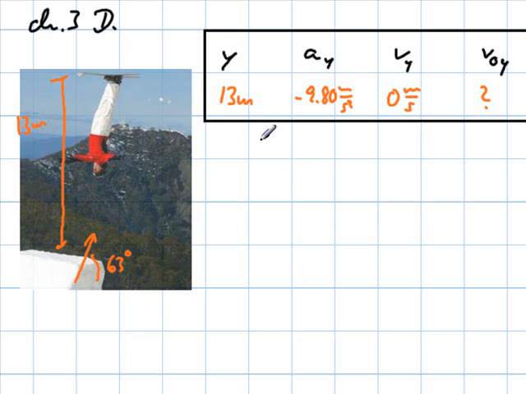And the equation to use is Vy squared equals V0y squared plus 2ay times y, with the Vy, the velocity at the top, being 0, and then we do the algebra solving for V0y.